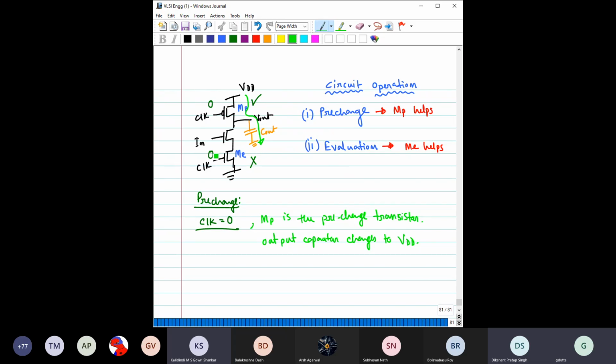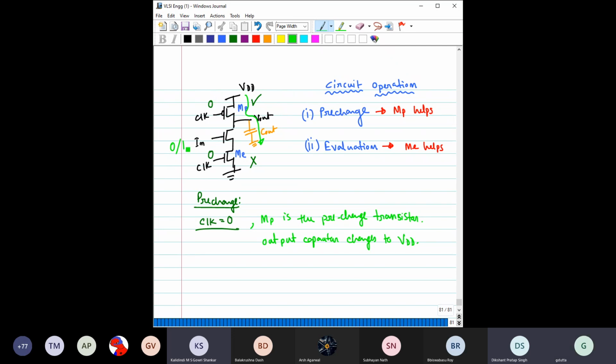Okay. But now during pre-charge you have given 0 here. So this transistor is off. Alright. Now say this input is 0. So if this input is 0, this transistor is off. Anyway, this capacitor cannot discharge. Say now the input is 1. Okay, in this condition.